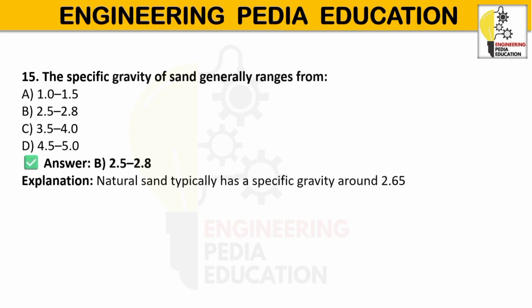Specific gravity is the ratio of the weight of sand to the weight of an equal volume of water. It is given in IS 2386 part 3. The specific gravity of sand generally ranges from 2.60 to 2.7 and the most commonly used value in calculations is 2.65.